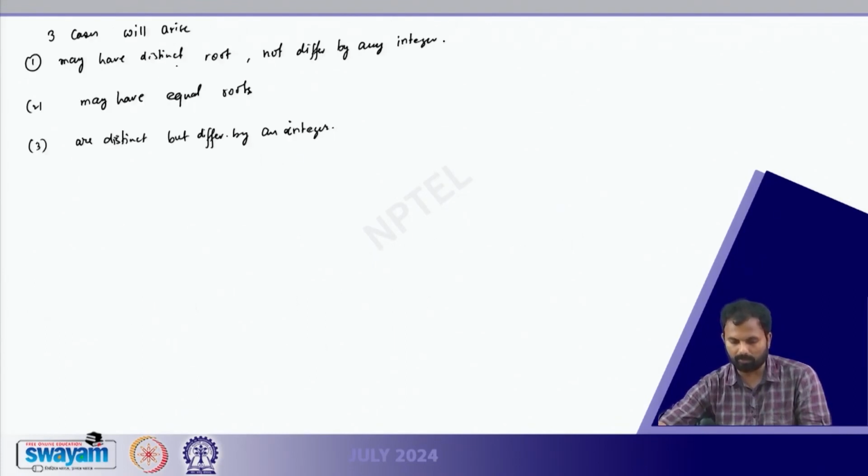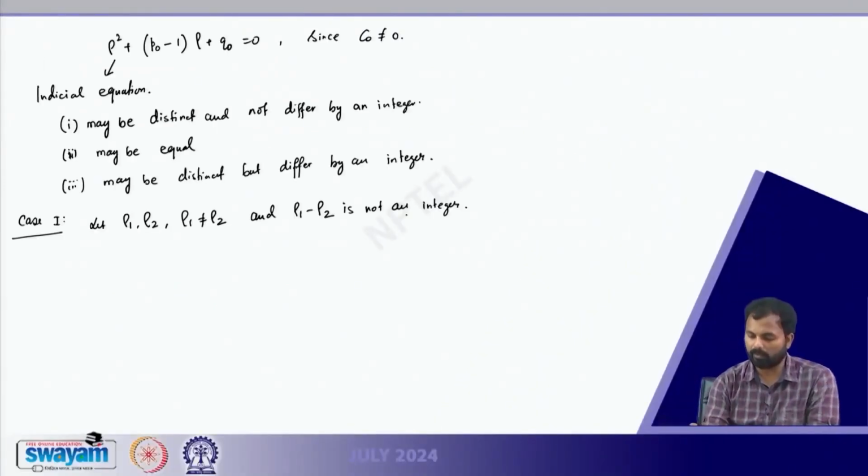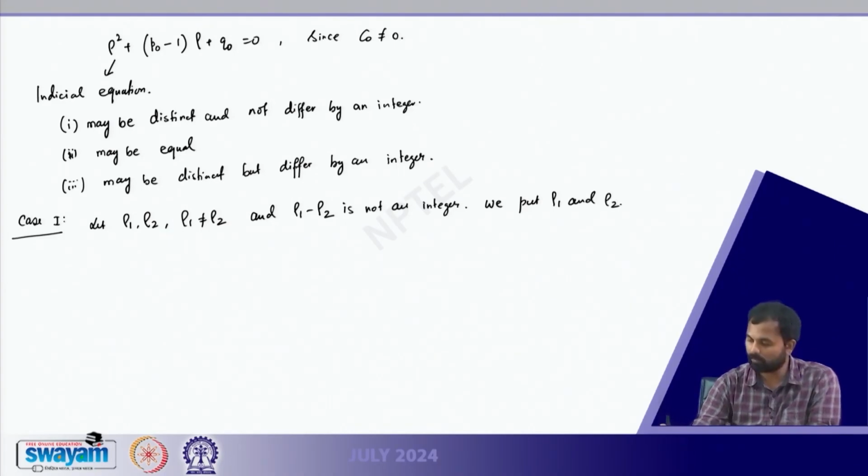And of course I mentioned 3 cases will arise. Therefore here rho 1 minus rho 2 is not an integer, and we put rho 1 and rho 2 for rho in equation number 8.